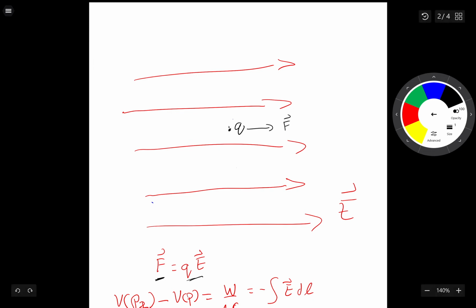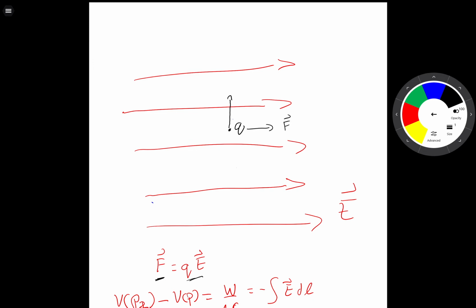Now, if I move my charge to the top, the force would be the same. But moving the charge on the top will not require any work, because the vertical component is not dependent on the electric field. It's only in this direction, so its dependence is only on this axis.